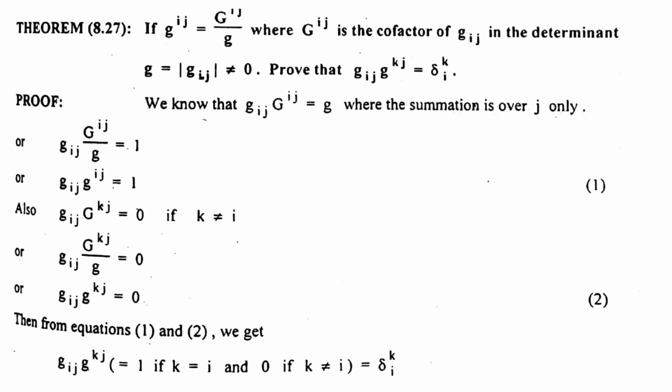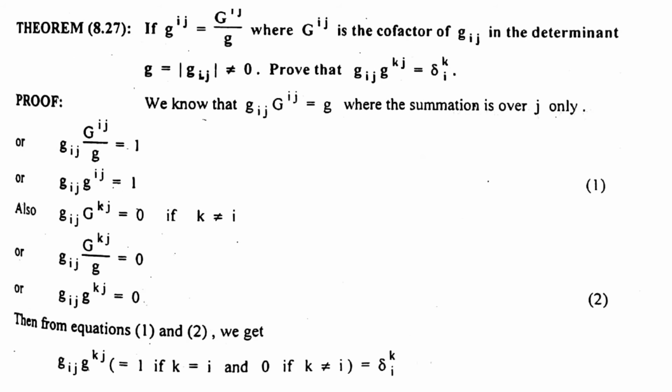We know that gij Gij is equal to g, where the summation is over j only. Dividing by g, gij Gij over g is equal to 1.